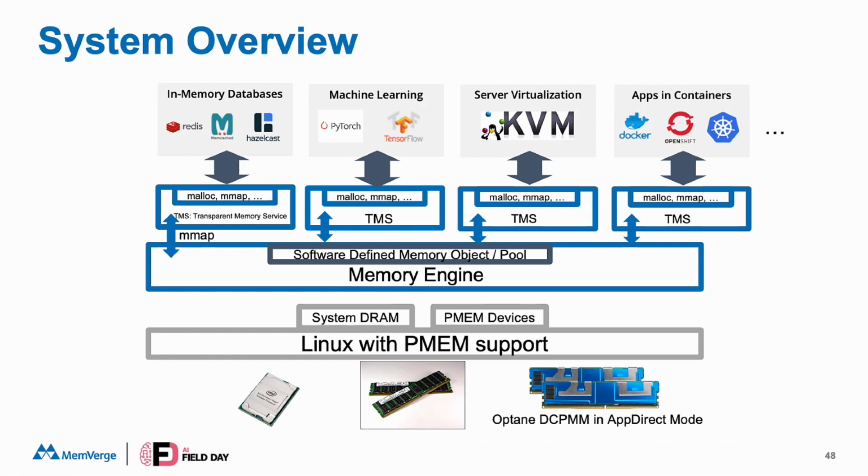And together with an application, with a memory allocator client library, which we call Transparent Memory Service, that offers the malloc and map interfaces, these libraries will basically map the memory objects into the user space, and does the sub-allocation for the application. So that application's memory allocation request will be redirected to memory machine to leverage all the memory we manage.